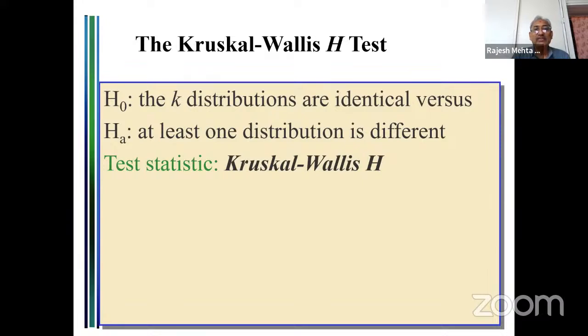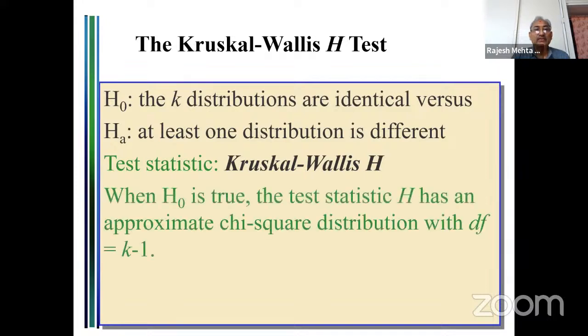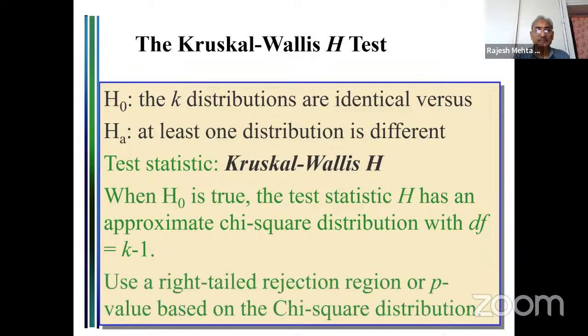Kruskal-Wallis H, just like a Z or chi-square. Here we are using H. And when H0 is true, the test statistic H has an approximate chi-square distribution where the degree of freedom is equal to k minus 1. K is the number of samples. If there are 5 samples, degree of freedom will be 4. A right tail rejection region or p-value based on chi-square distribution.